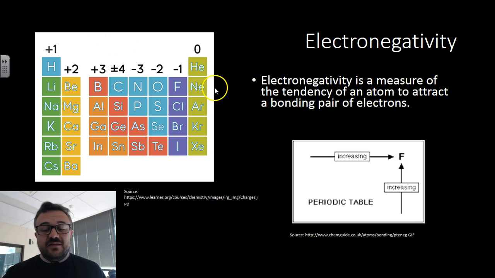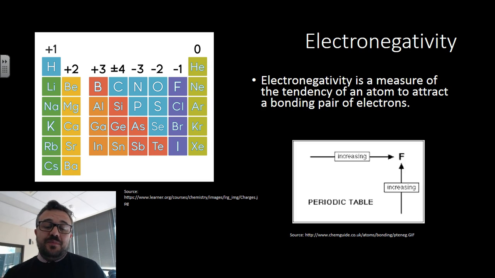And it increases as we go this way and this way, which means fluorine is the most electronegative of all elements. The noble gases are kind of weird. They don't get too involved. Oxygen is more electronegative than both sulfur and nitrogen.